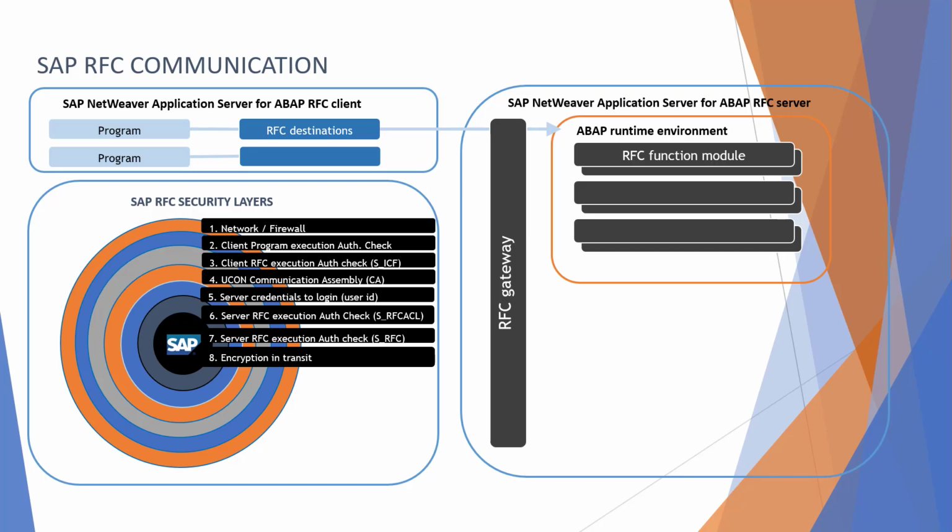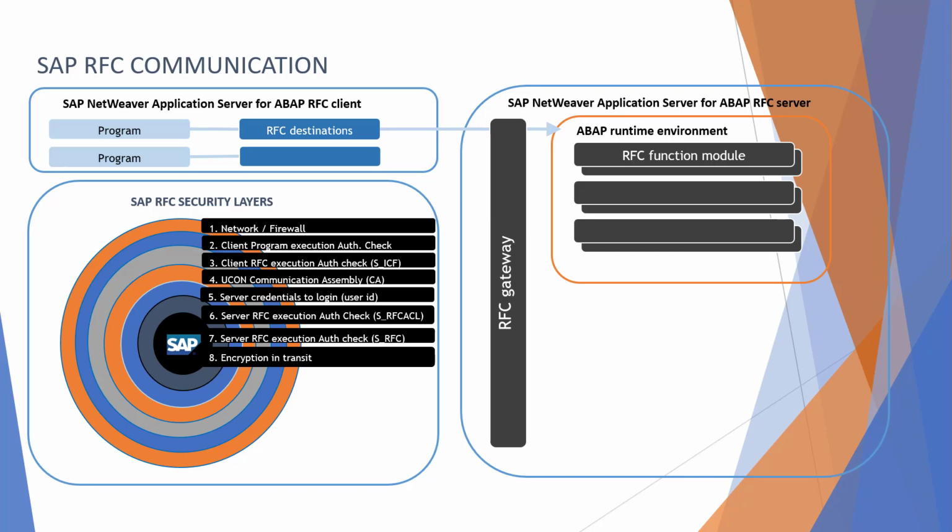The next layer looks at your credentials, so your user ID and password, to confirm that you have the appropriate information required to log into the server side of the integration. The next two checks are dependent on if the client and server is in a trusted relationship. If there's a trusted communication between two ABAP systems, the RFC execution auth check will look at authorization object S_RFC_ACL as well as S_RFC.